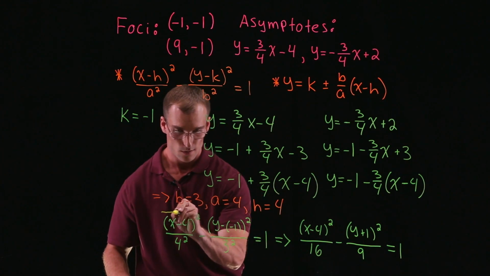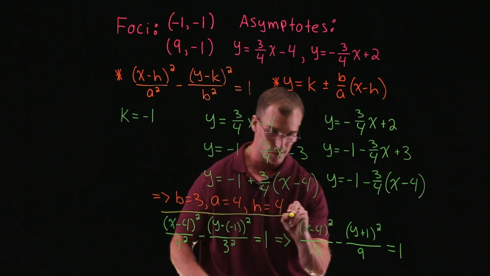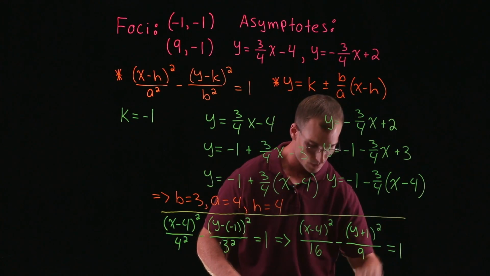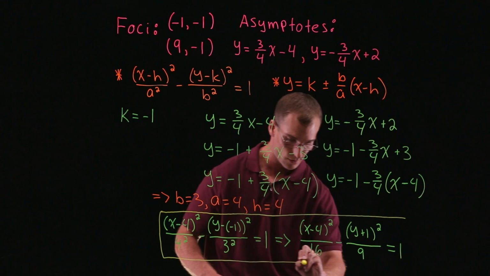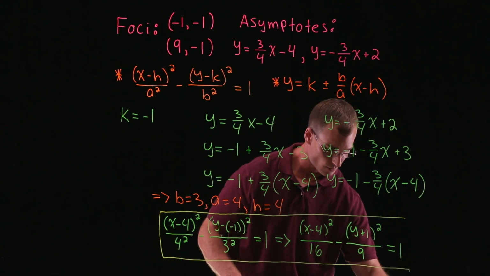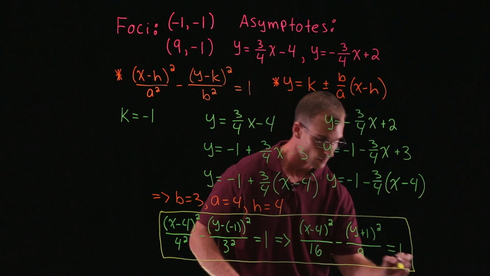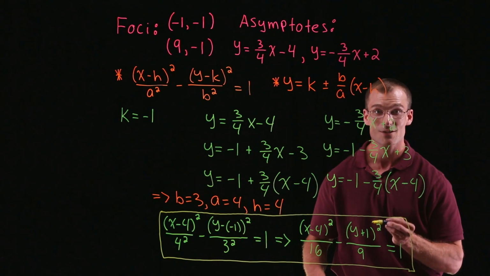So we'll go ahead and box both of these as an acceptable answer. There's the standard form of our hyperbola with the given characteristics. There we go. Thank you very much.